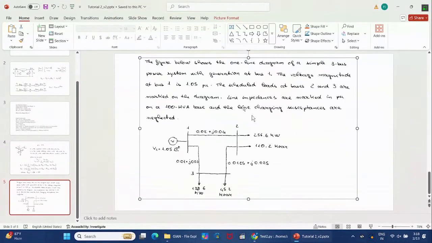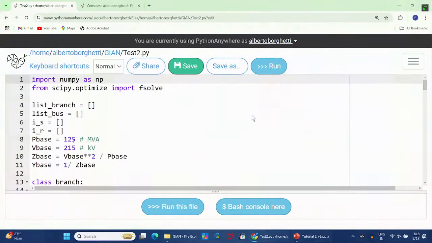Probably it says here that there is no indication for the power. The power is about 100 megawatt and so on. There is no indication, so I prefer to use the simple P base equal to 100. I will not put something very specific, like 125, so this is 100.